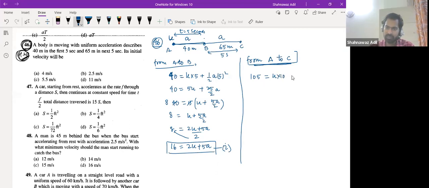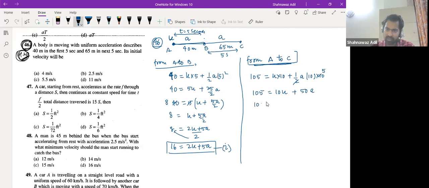So 10U plus half A, I want to calculate, and 10 into 10. This is 50, 10U plus this is what? 50 by 2, 25. So I can take 5 common, right?